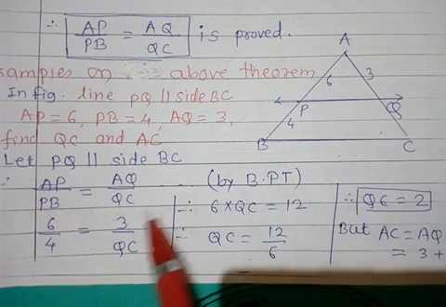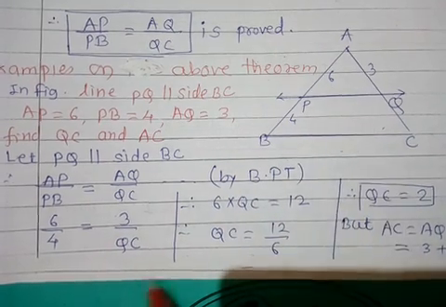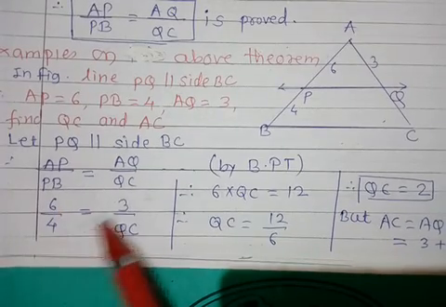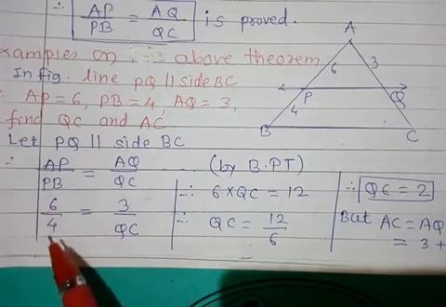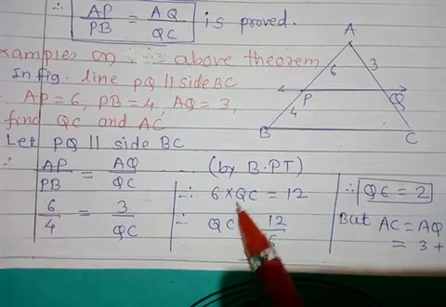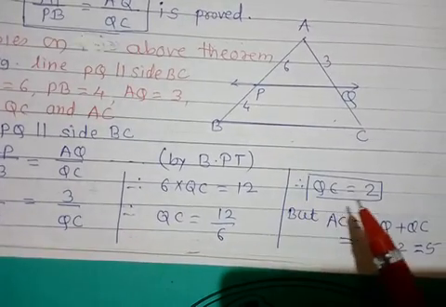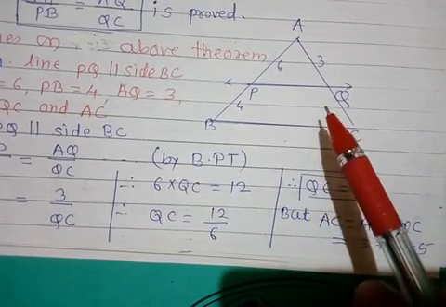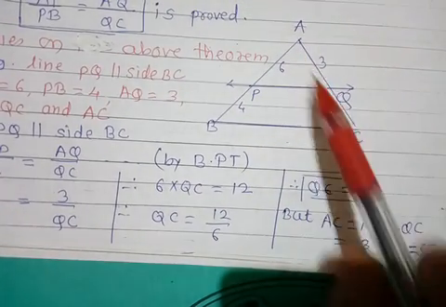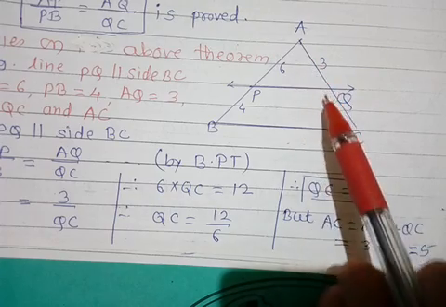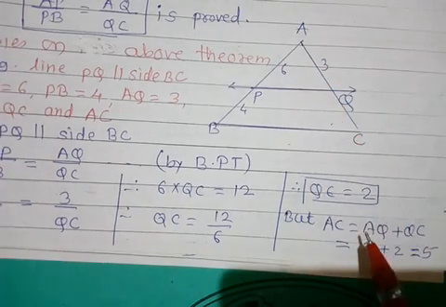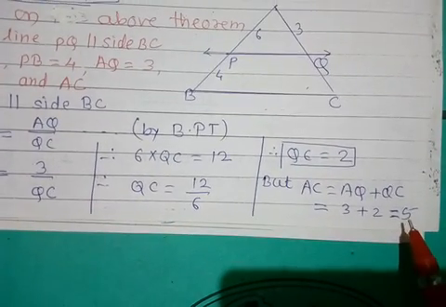Therefore, 6 by 4 equals 3 by QC. Cross multiplication: 6 into QC equals 4 into 3, which is 12. QC equals 12 by 6. Therefore, QC equals 2. So AC, that is AQ plus QC, means 3 plus 2 equals 5. Understand?